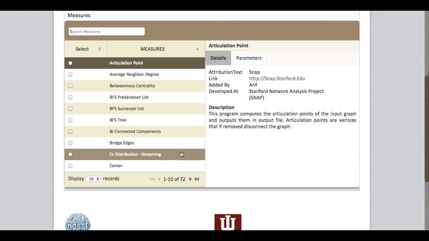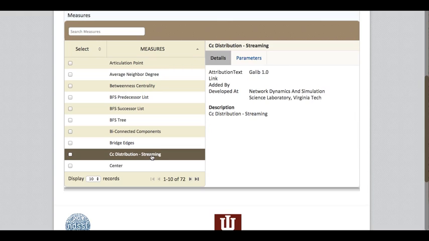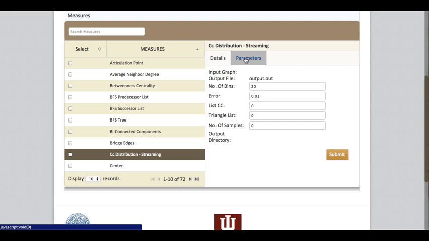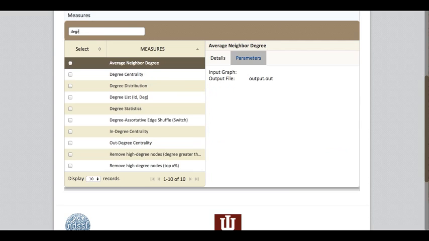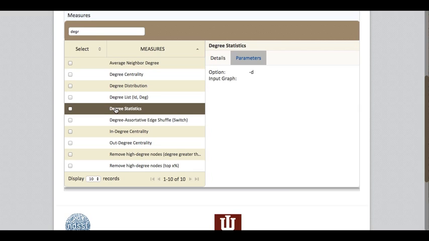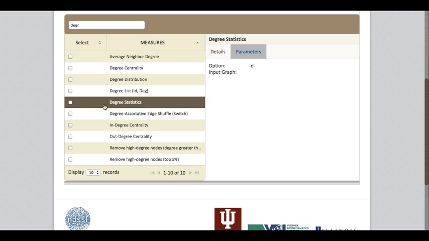So what is this? Probability degree statistics. Suppose that's the degree statistics.